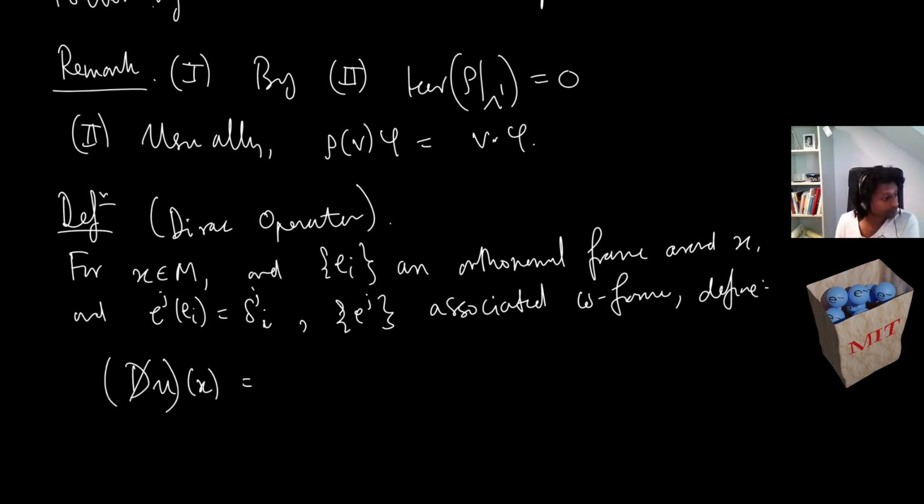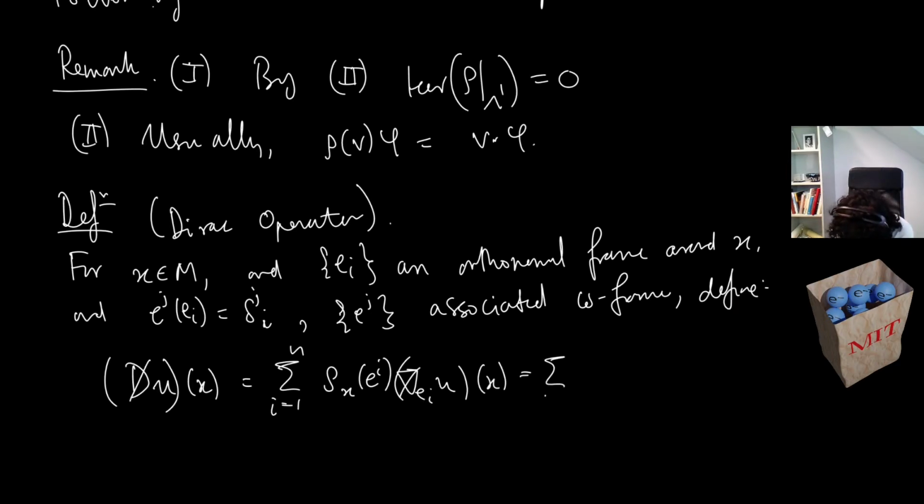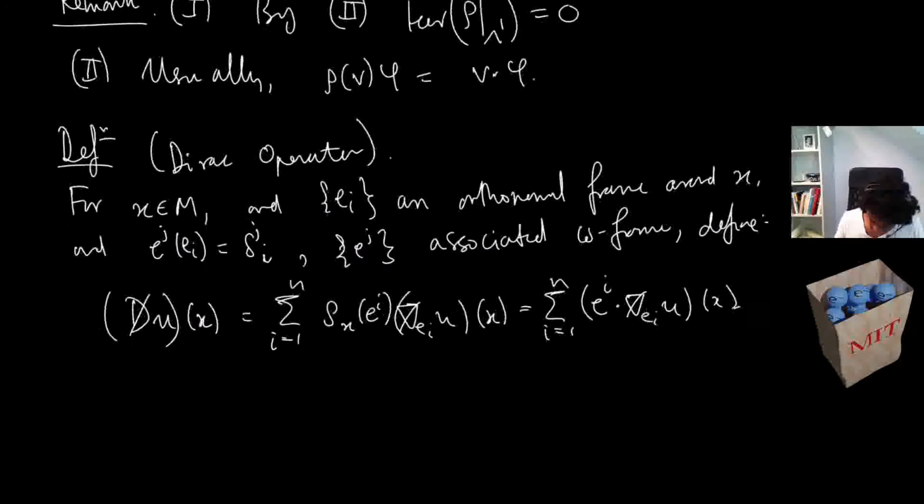This is just the sum i equals 1 to n of rho at x of e_i applied to the derivative of u at x. So in shorthand notation, this is just the sum i equals 1 to n of e_i dot nabla_{e_i} u. Of course, this is all evaluated at x, because the representation also depends on x.